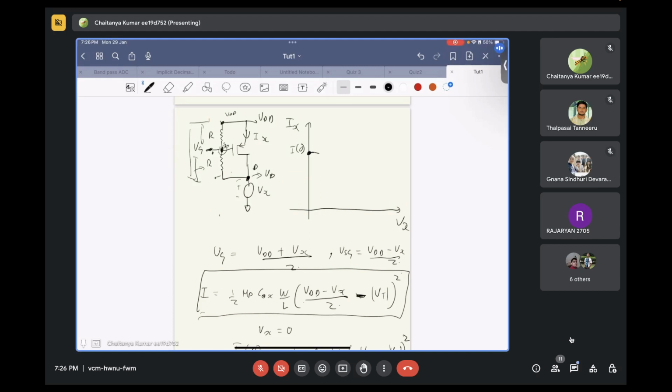With what curvature? Linear, quadratic, cubic? Quadratic. Okay. Till what point will it go down?